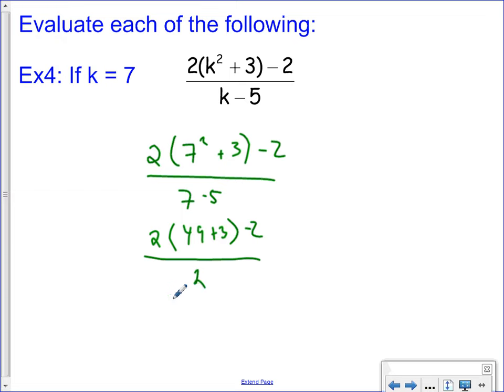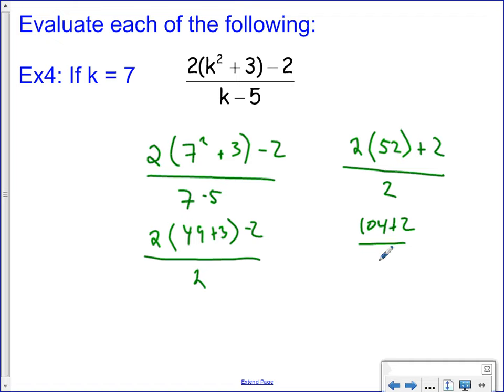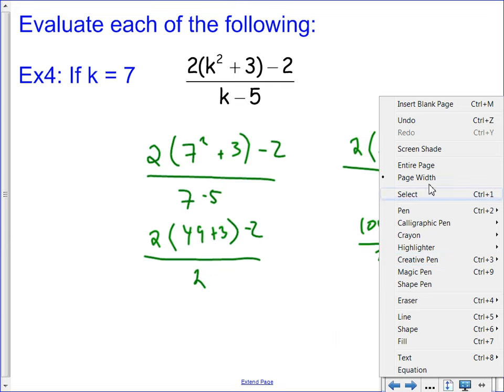So that's just 2. Moving forward, the 49 plus 3, 2 plus 2, all over 2. Next, 104 plus 2 over 2 is next. And then 10. That is minus 2. Sorry. That is a minus 2.